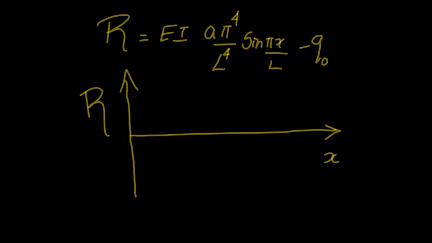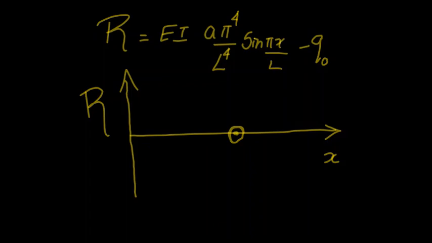Now what is the type of graph that you are going to get? If you plot this graph, you will know that this R should become 0 at x is equal to L over 2. That is the meaning.